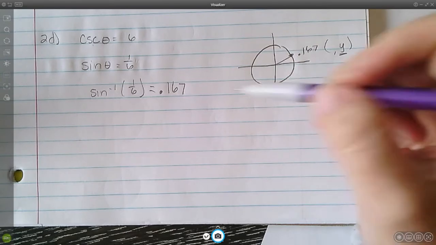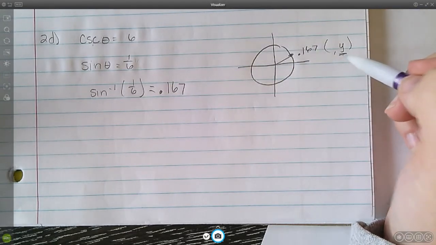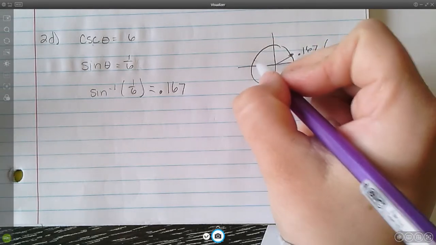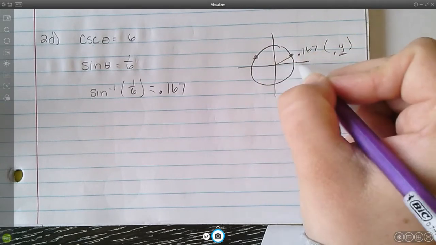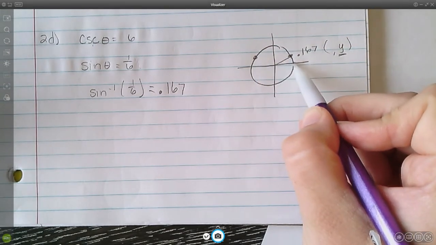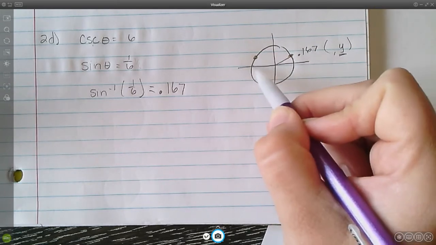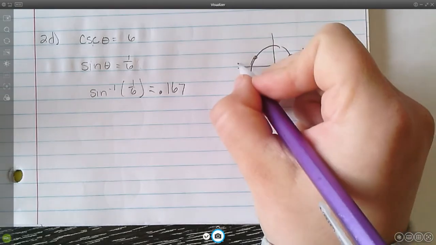The y value is positive. So where else is our y value going to be positive? Well, over here. So we reflect across the y-axis. If this is 0.167 radians from here, this is 0.167 radians from here.